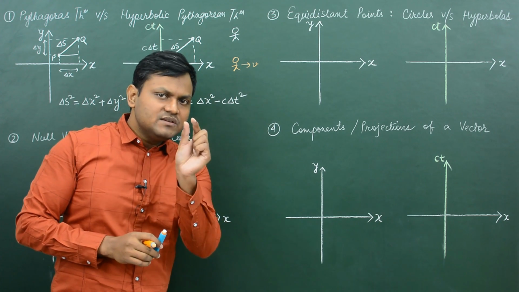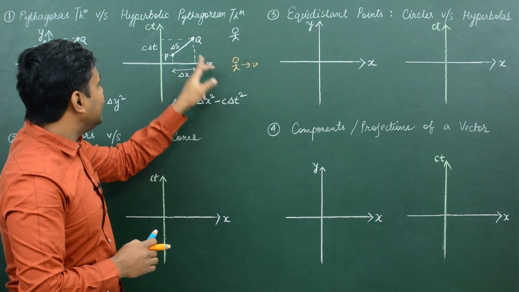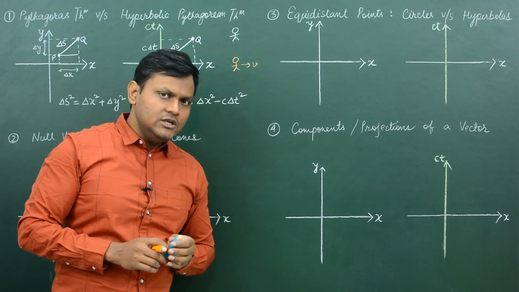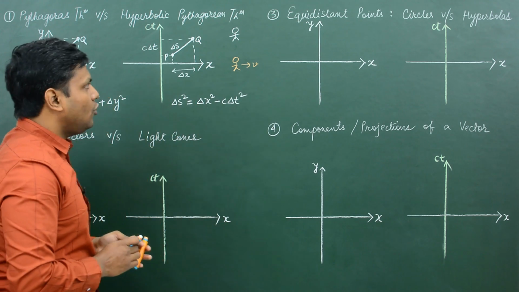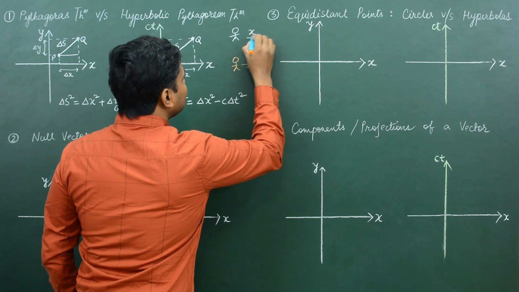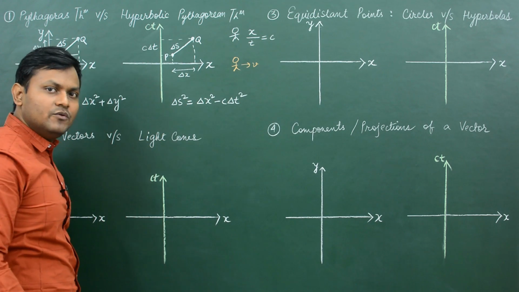Now let's do a very simple thought experiment. If the first observer who has axis x and ct tries to measure the speed of light, then he will see that a light photon travels a distance of, let's suppose, x in a time period of t, which will give him the speed of light, right?